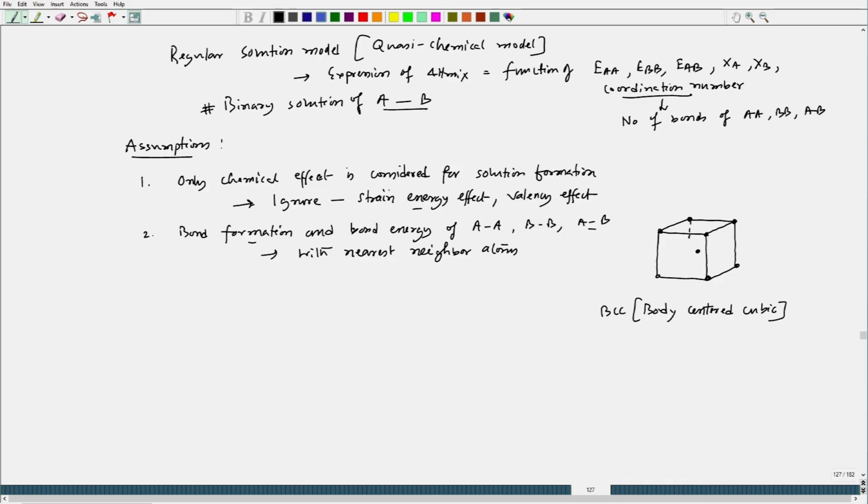So, the atoms are at the corners and one is in the body center. And this is a perfect cube, so all the sides of length A are equal.